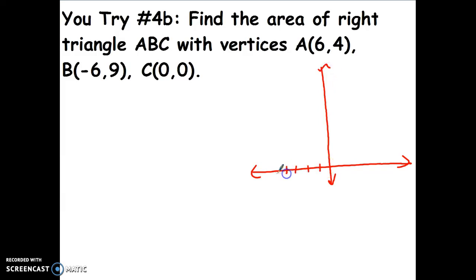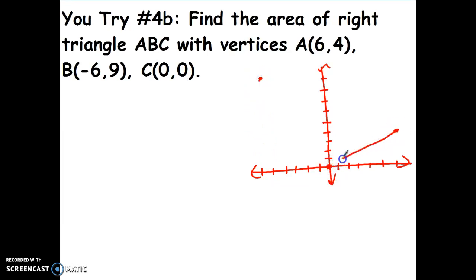1, 2, 3, 4, 5, 6. 1, 2, 3, 4, 5, 6. 1, 2, 3, 4, 5, 6, 7, 8, 9. Okay, so we have 6, 4. Negative 6, 9. And 0, 0.